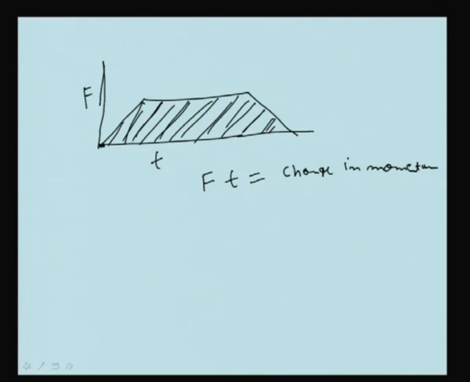You may have problems of the kind where the mass is changing. Suppose you have a cart in which you are putting some sand through a hopper at some rate, that is C kilogram per second.